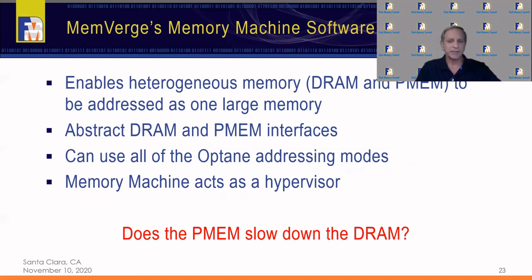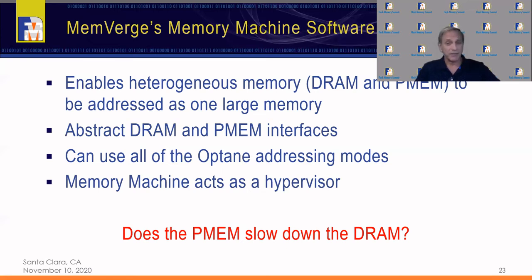Memory machine scales across 128 nodes and up to 768 terabytes of main memory. That's 6 terabytes of Optane per node and anywhere from 128 gigabytes to 768 gigabytes of DDR4 DRAM per node. The other speakers will have more specific details and results.